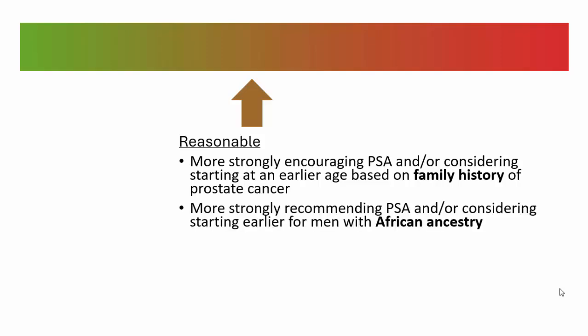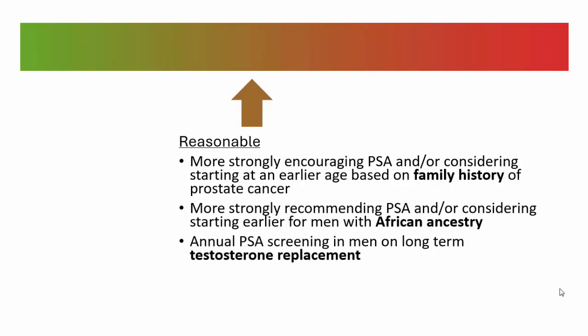Another reasonable option is to do the same thing in people of African ancestry. I personally do not do this because I think the evidence is even more unclear with this situation. Doing annual PSA screening in men on long-term testosterone replacement is also reasonable. And starting shared decision making at age 50 instead of 55 is also a reasonable option.